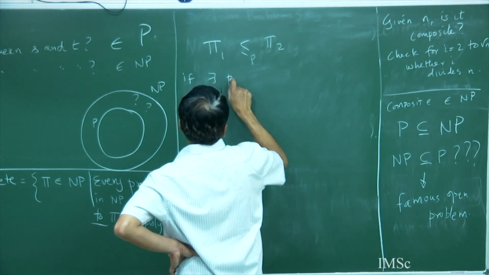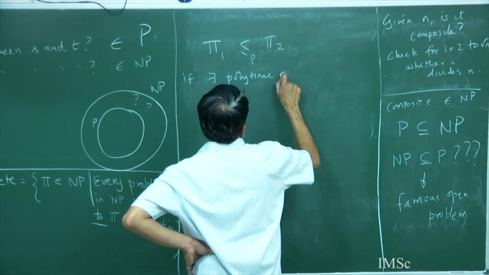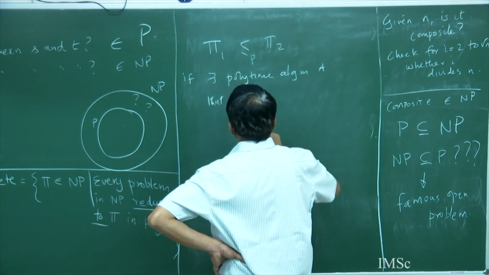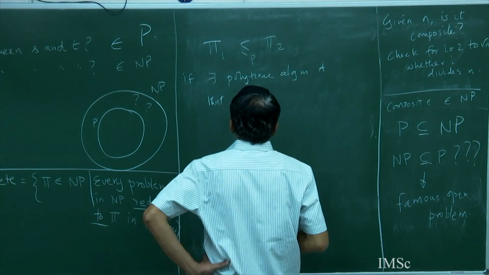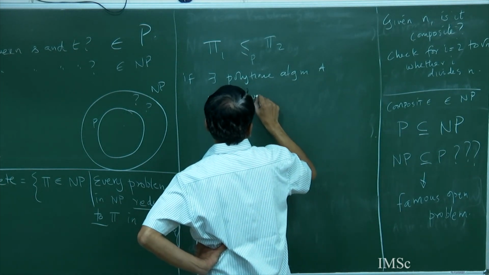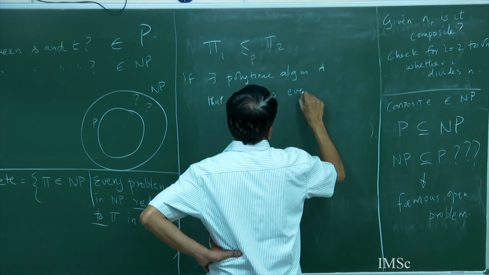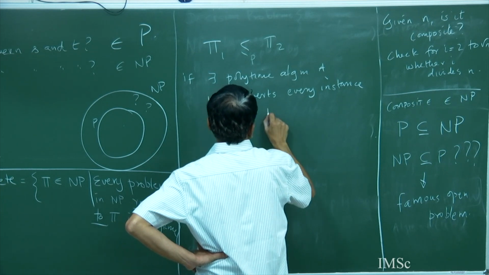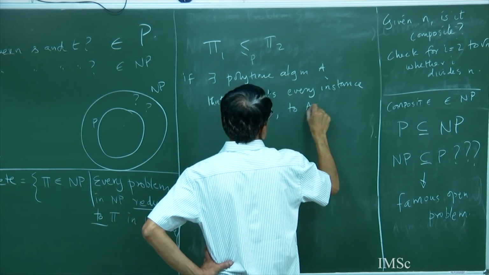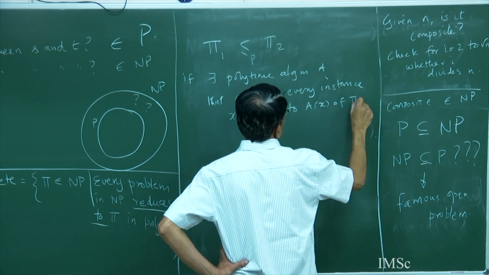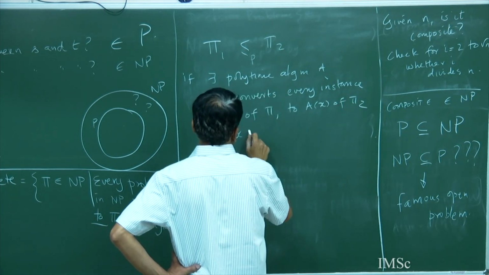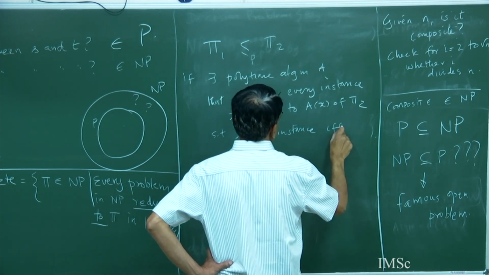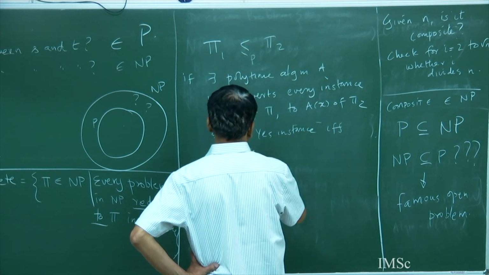If there exists a polytime algorithm A that converts every instance x of pi 1 to A(x) of pi 2 such that x is a yes instance if and only if A(x) is a yes instance.